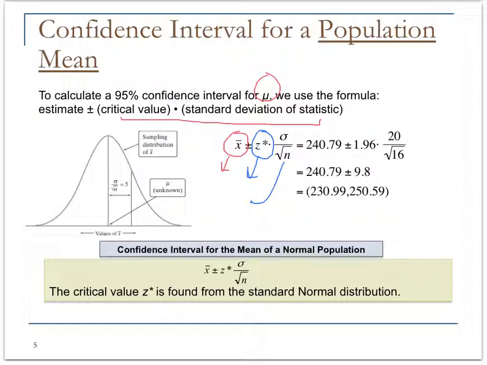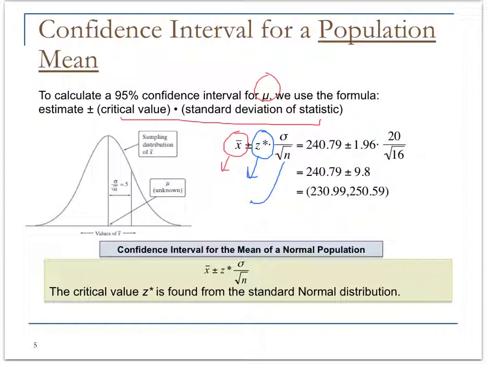So for example, a 95% CI will always have a fixed z star, if you're doing population mean. So z star, forever and always, that critical value is going to be 1.96. And this is something you're going to work with so much that by the end of the semester, when you see that z star for 95%, you're going to know it's 1.96.